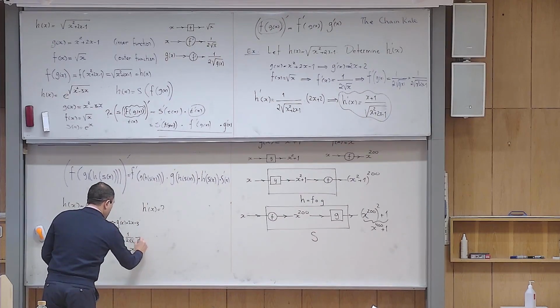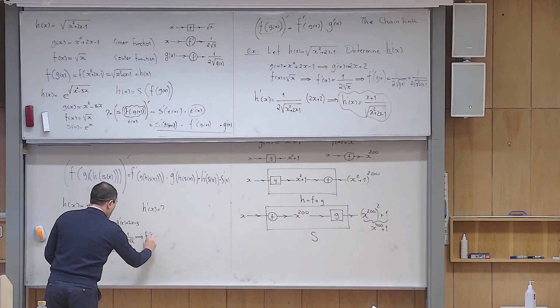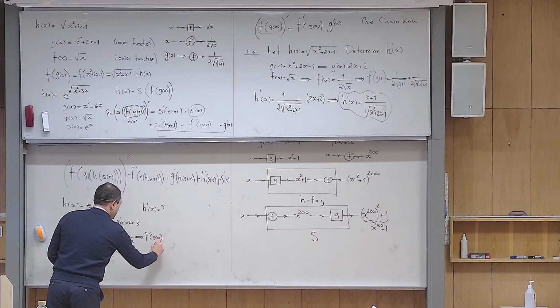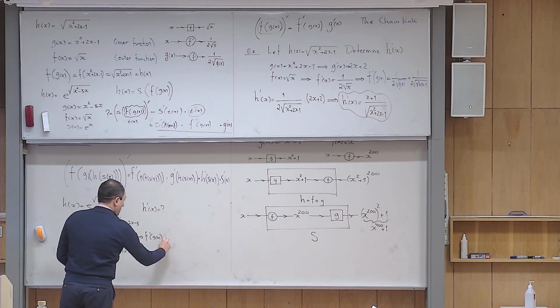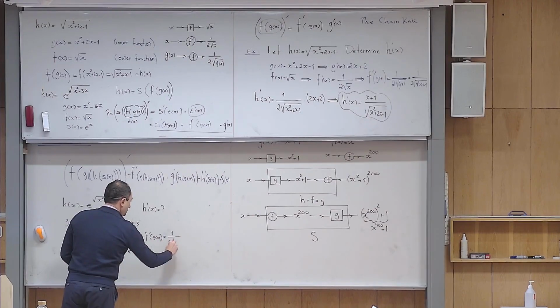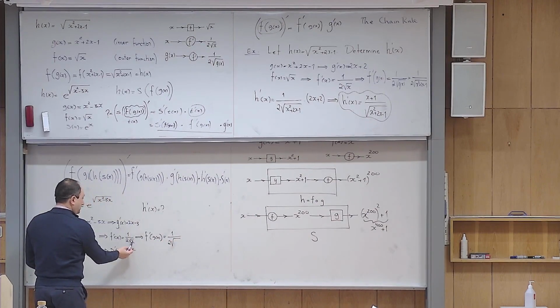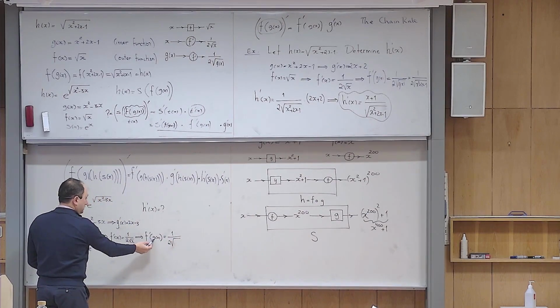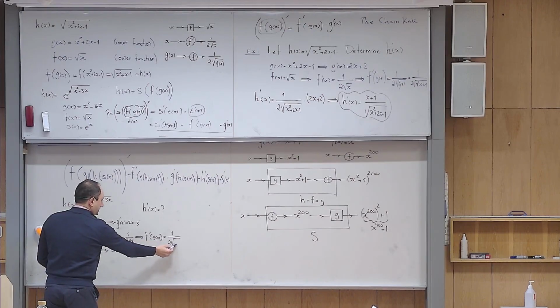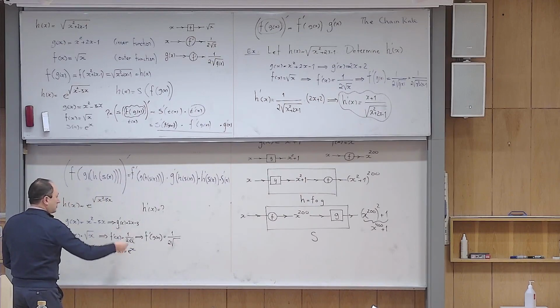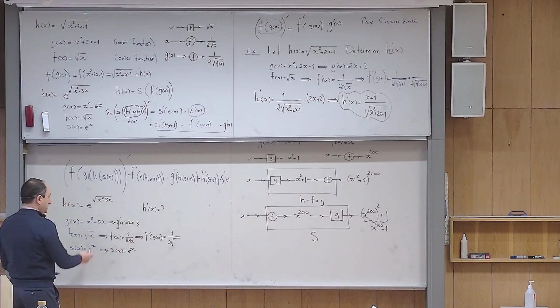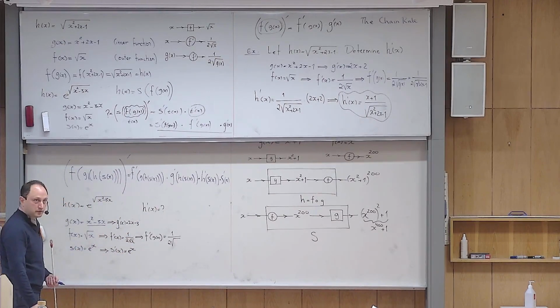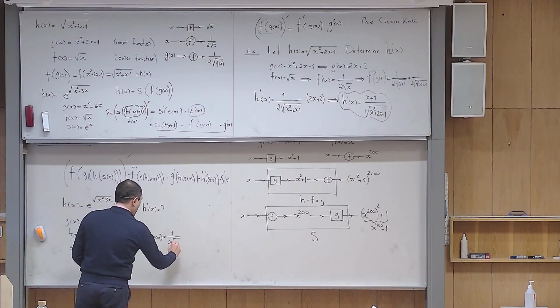So this means that f prime of g of x is equal to what? 1 over 2 square root of, instead of the input x, I have the input g of x, so g of x will sit here. But what is g of x? Don't spend so much time to write g of x and then replace it. Okay, g of x is this one. So this becomes x squared minus 3x.